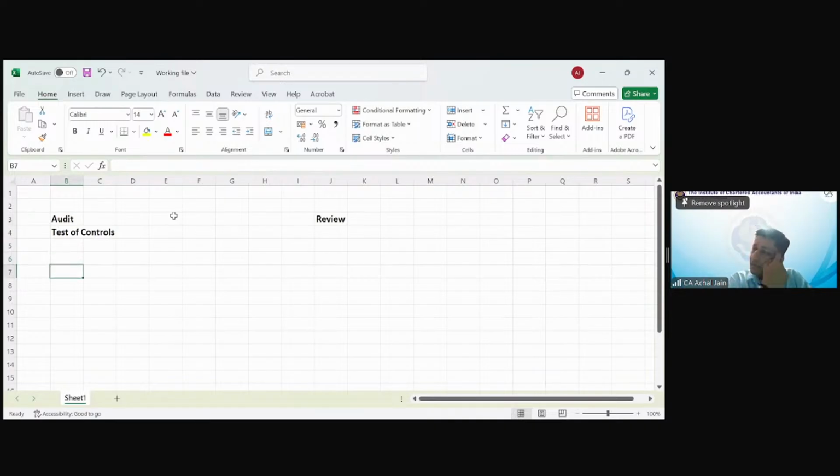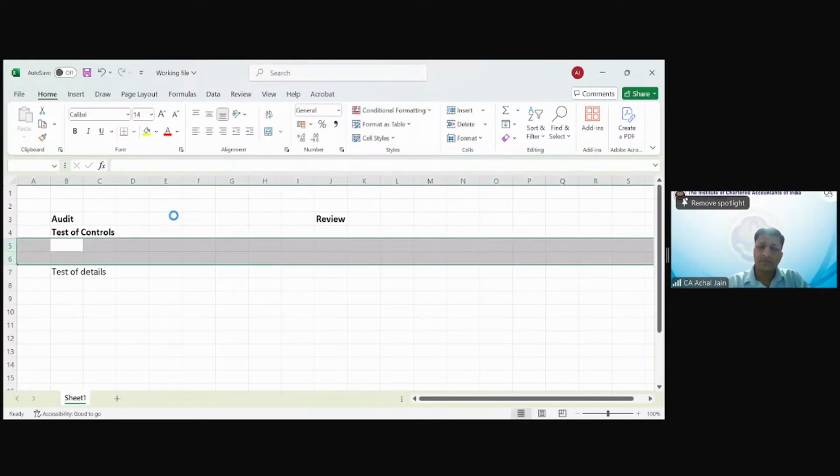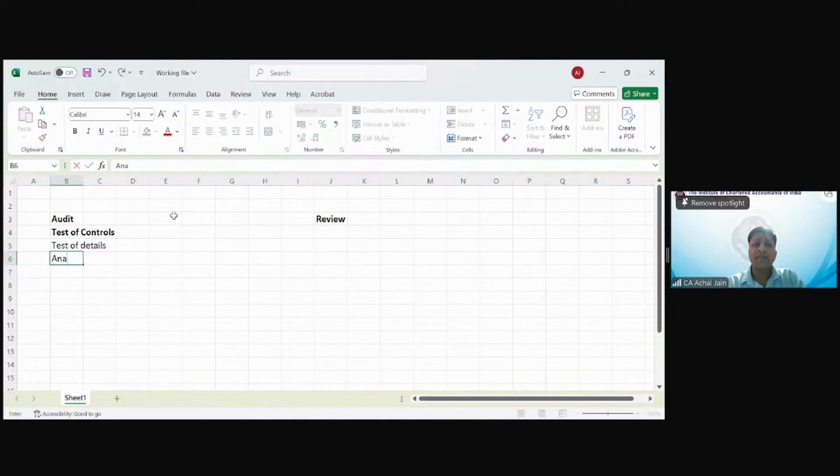Number two will be tests of details, or you can say substantive testing, and then you will also have analytical procedures. Correct?